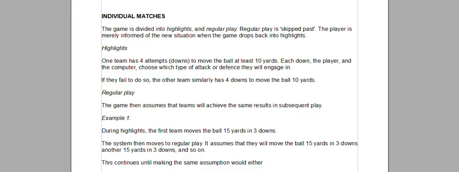The human player has a list of options. Okay, I'm going to try a long pass, let's say. And the computer-controlled player decides what it's going to defend against. Let's say the computer-controlled player thought you were going to try a running play, so they're unprepared for what you've done, and you get a slight advantage.